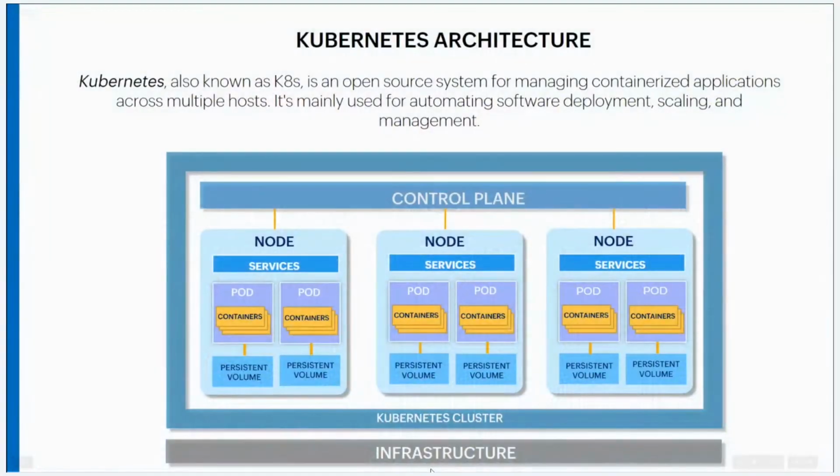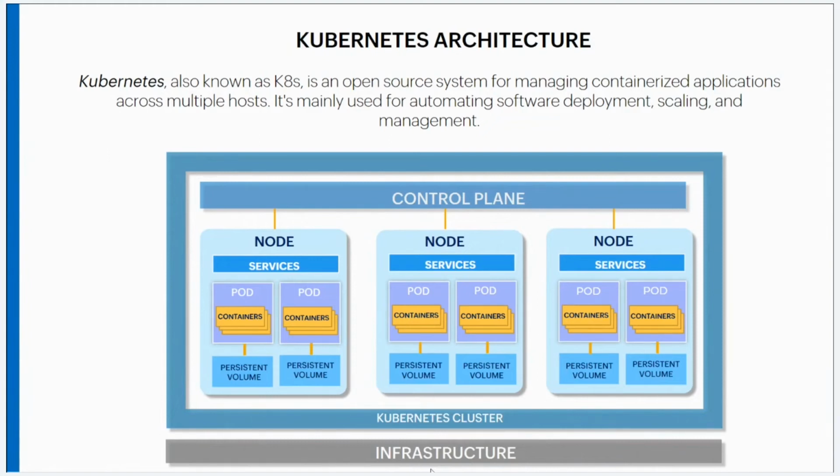As you know, Kubernetes, also known as K8s, is an open source system for managing containerized applications across multiple hosts, and it's mainly used for automating software deployment, scaling, and management. It is becoming the de facto compute control plane for not only cloud native, but also for on-premises apps as well.